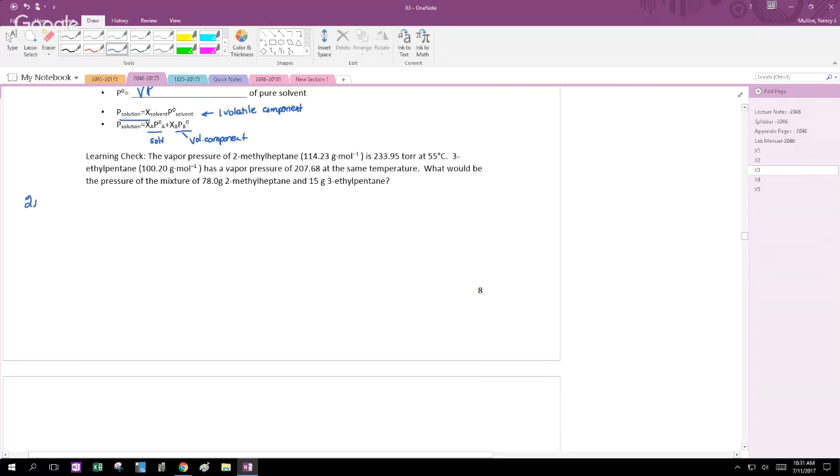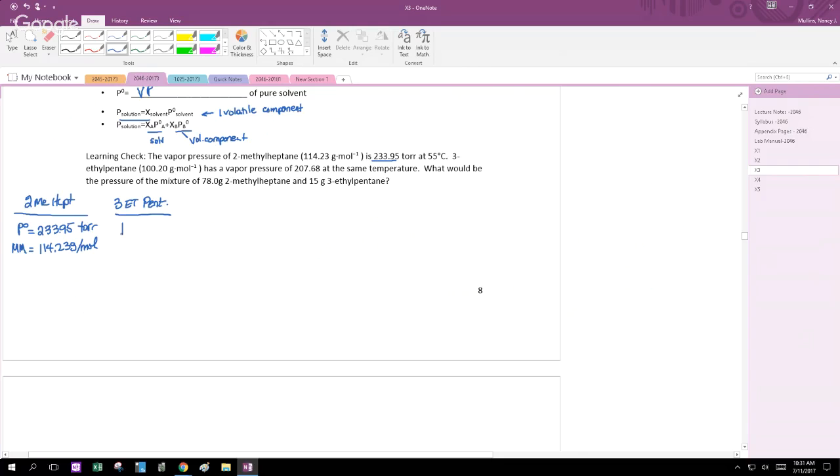2-methylheptane. What I know about it is that its vapor pressure when it's pure is 233.95 torr. I know its molar mass, because they were nice enough to give it to me, is 114.23 grams per mole. Then they talked about 3-ethylpentane.